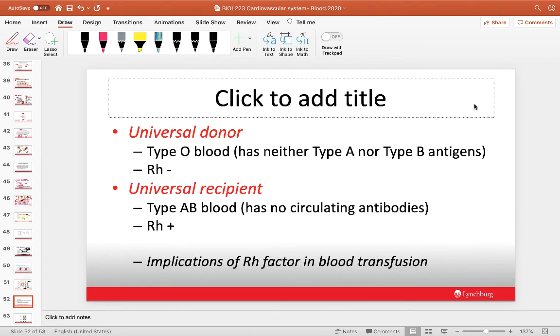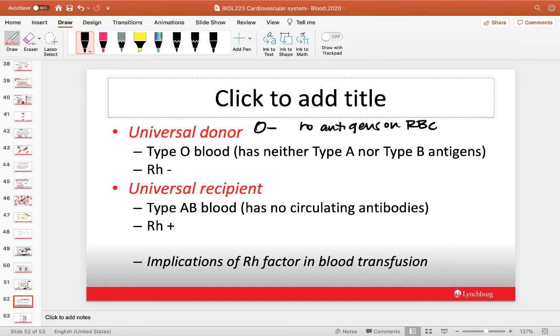So, okay. Just when we talk about donors and recipients, we have what's called the universal donor, and this basically means that they can donate to anyone. This is specifically going to be type O negative, because it has no antigens present, right?